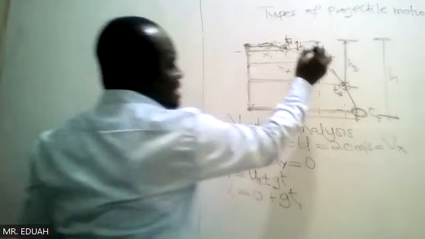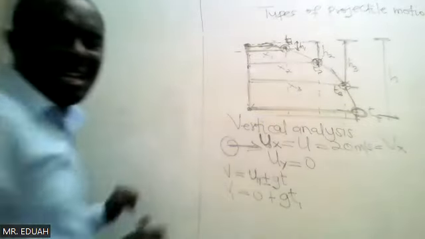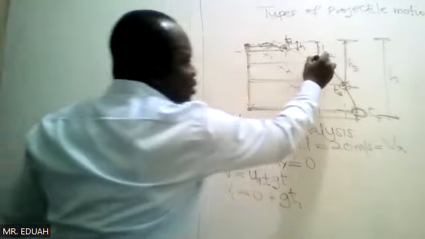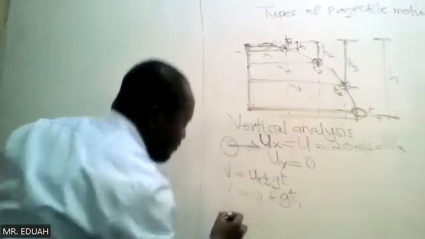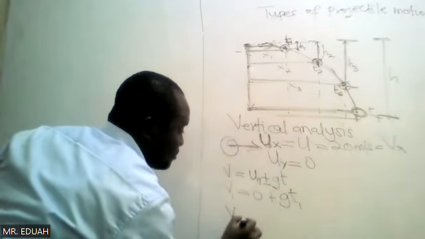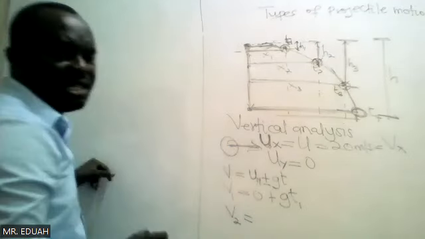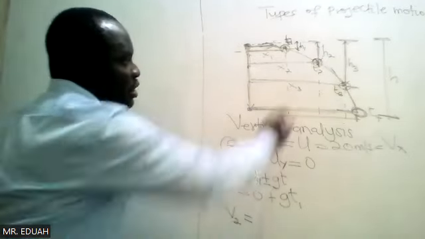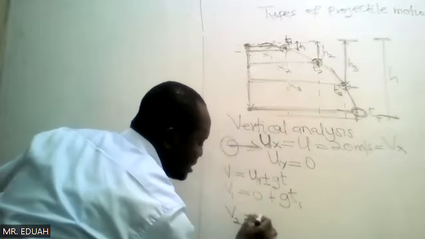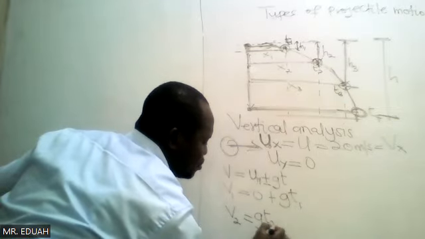When the body comes here, and I'm told to calculate the velocity here, V2, the initial vertical velocity is 0. So the velocity of the body here is g times T2.